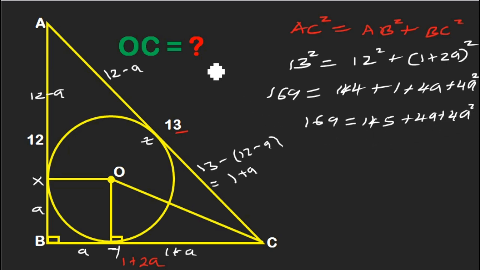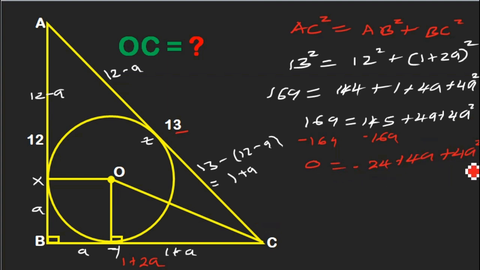For you to remain with 0 on this side, we subtract 169 on either side. 169 minus 169 is 0, and 145 minus 169 is negative 24, then plus 4a plus 4a squared.